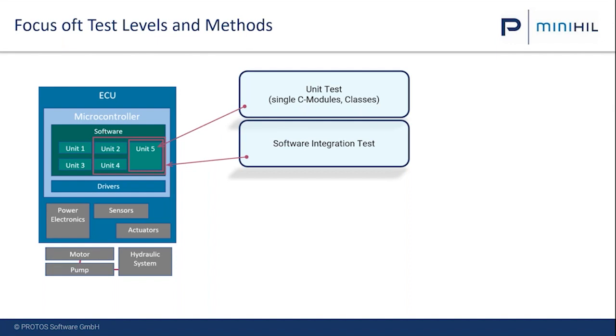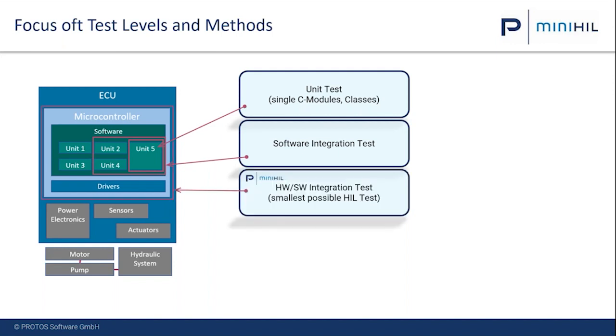The problem is you cannot test, for example, a motor controller, because you need a motor to be attached to your system if you want to run the tests. So what we do is we make the smallest possible hardware in the loop test, providing this kind of simulation. And by that, we have a hardware software integration test, including the motor control.